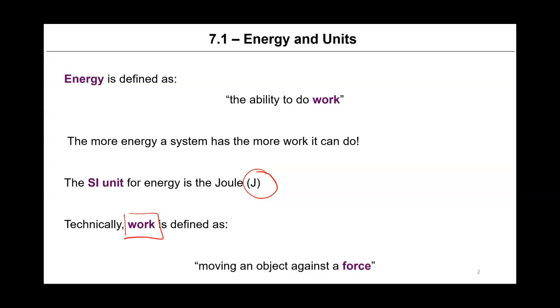Technically, work is defined as moving an object against a force. So, for example, when you lift a weight against the force of gravity, you're doing work, and that requires energy. In chemical systems, the force that we're often working against is the force of the chemical bonds that holds together atoms in compounds.